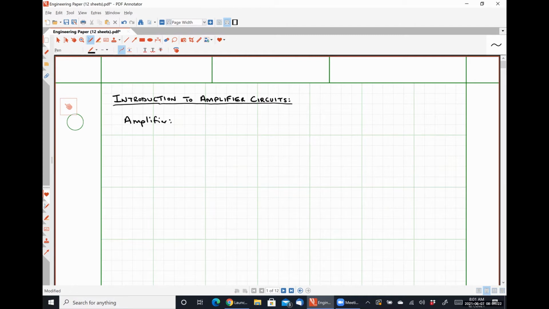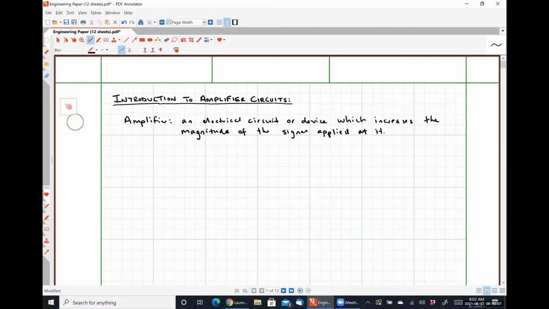An amplifier is an electrical circuit or device which increases the magnitude of a signal applied at its input.